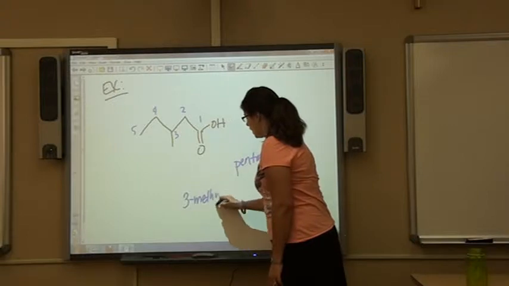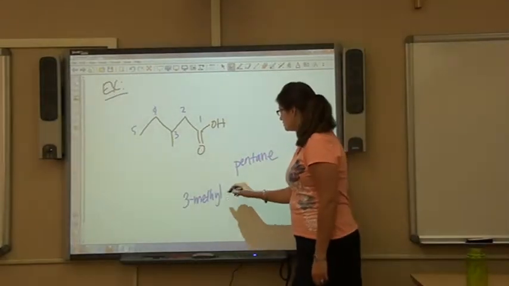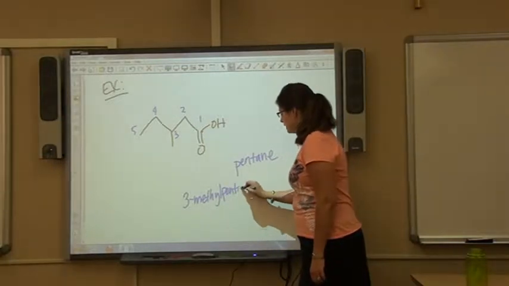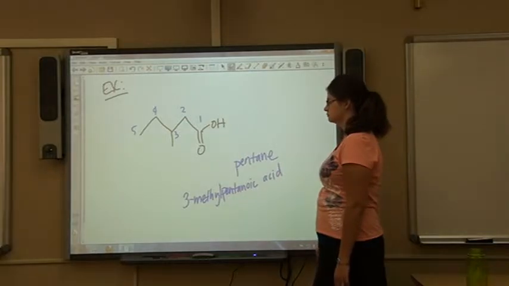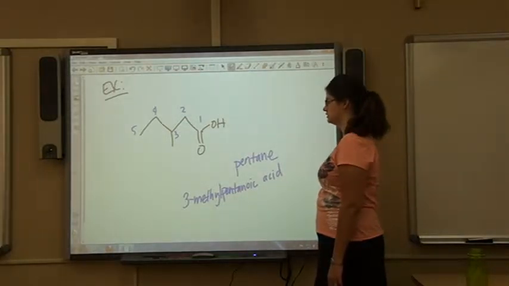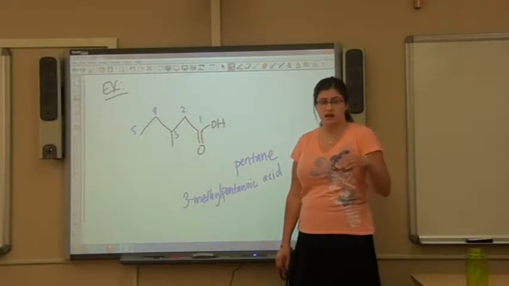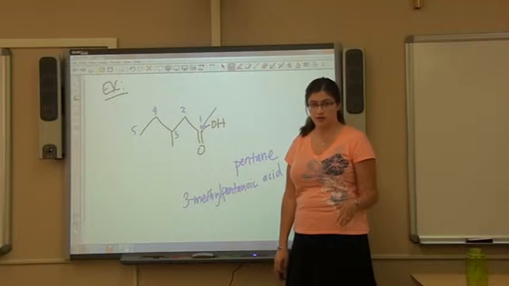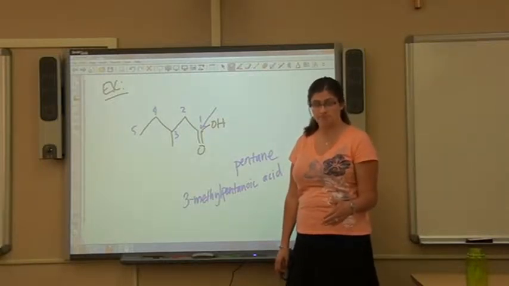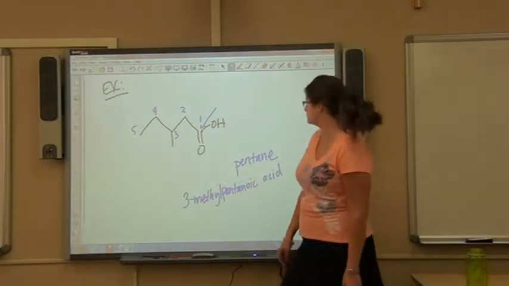So if we take off this E and add oic acid, we'll have 3-methyl pentanoic acid. The only thing that's tricky about naming these guys is that this thing right here is actually a carbon and that gets the number 1. Other than that, this is the same as what we've been doing for the last week.